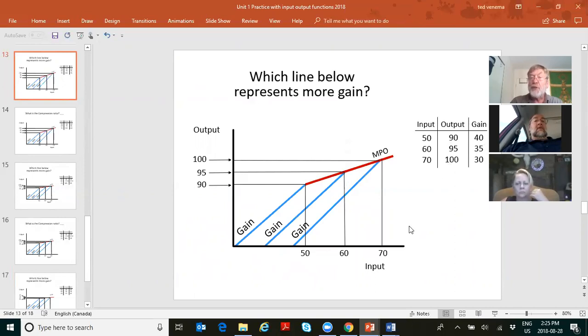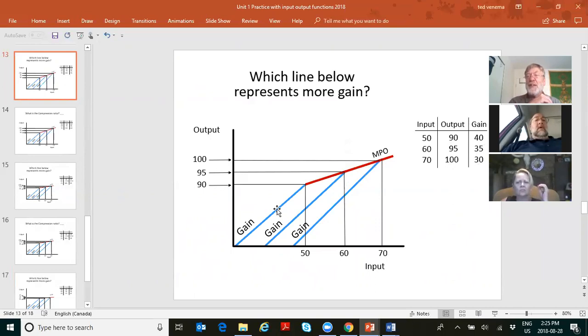If my output for a 70 dB input was 100, then my gain is 30. Okay, so which line below represents the most gain? This one, or this one? And that would be a quiz question.